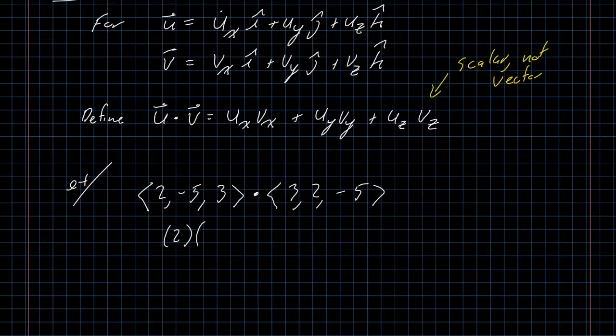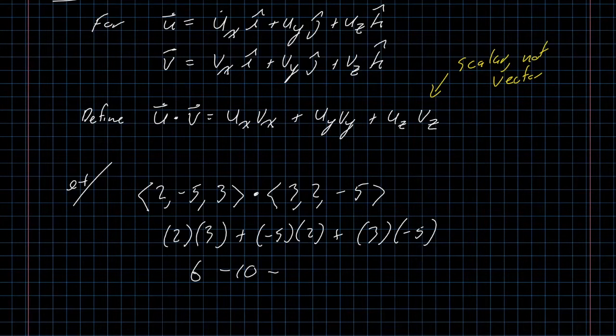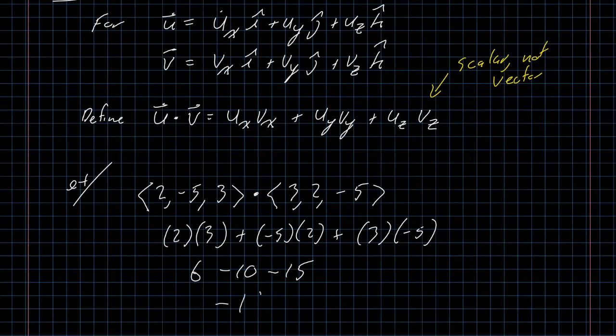No, I don't expect you to ever write this line out, but let's make sure that it makes sense where these are coming from. X components, 2 times 3. Y components, negative 5 times 2. Z components, 3 times negative 5. And when I'm trying to do these by hand, that's usually the second line that I write down. And then I can figure out from there, 6 minus 10 is negative 4. Negative 4 minus 15 is negative 19.